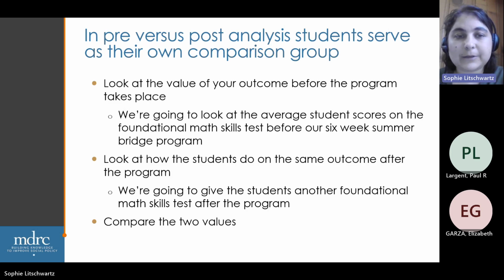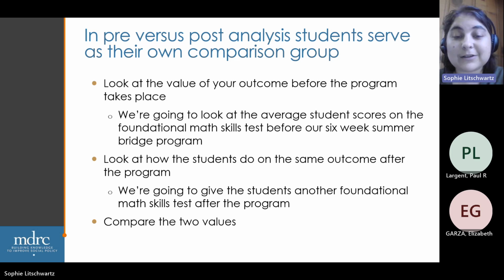I can do matching. Another thing people do is a pre versus post analysis, where each student serves as their own comparison group. So I look at the value of my outcome before the program takes place. Here we're going to look at the average student scores on some foundational math skills tests before our summer bridge program.